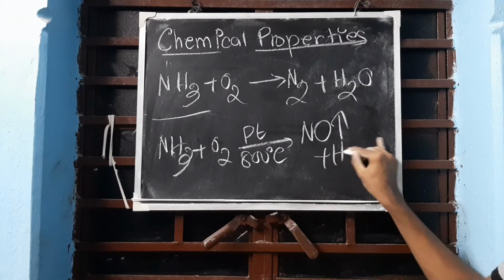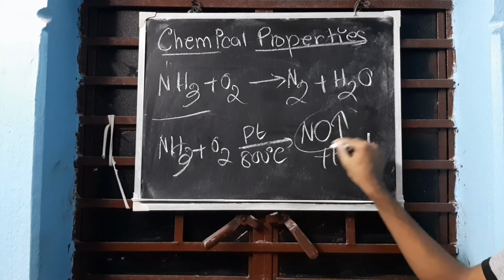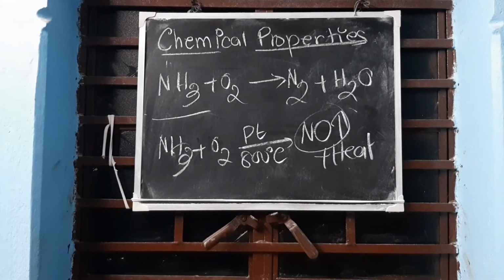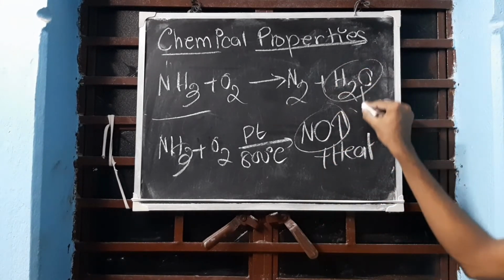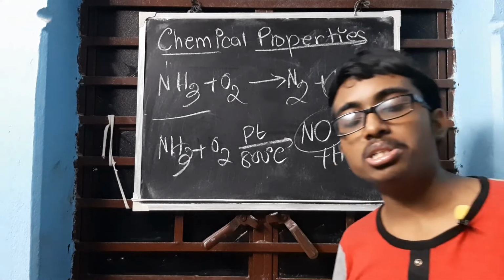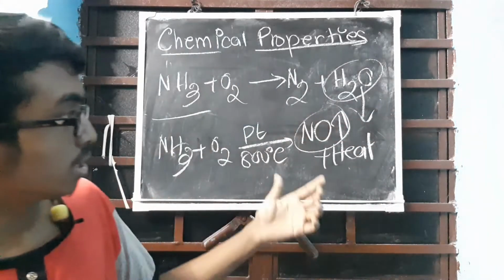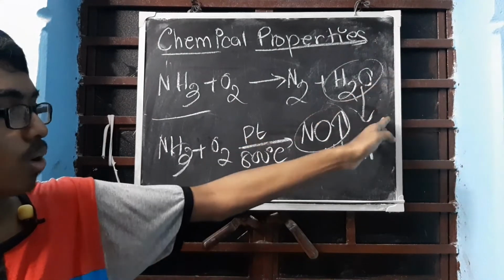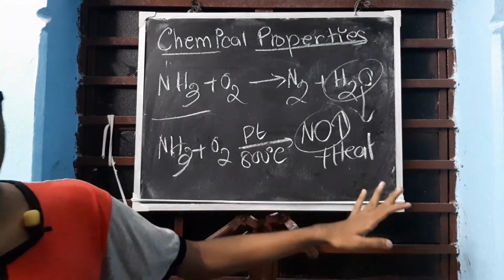Another product is water. So NH3 plus O2 forms NO, that is nitrogen monoxide, plus water plus heat. It's an exothermic reaction. Clear?